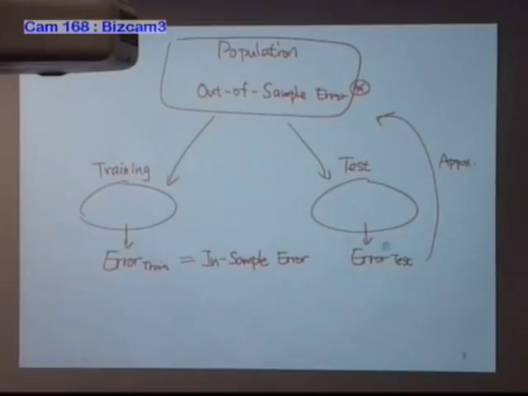So the test error itself is also random. And today we are going to see there are two types of randomness happening at the same time that creates a lot of issues. That's just because at the back end it's not feasible for us to get a comprehensive understanding of the out-of-sample error at the population level. So that's the practical constraint.